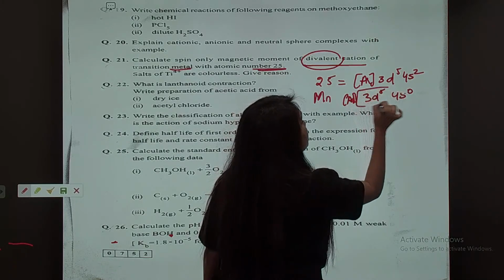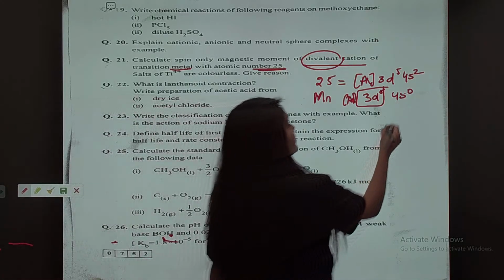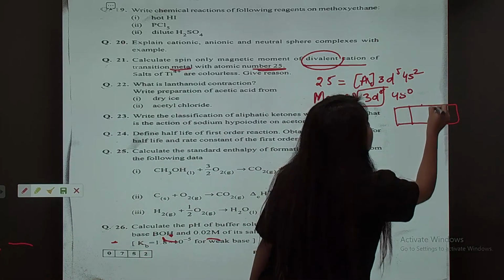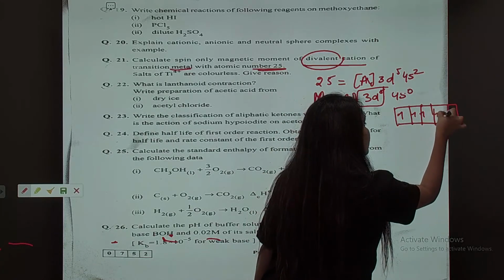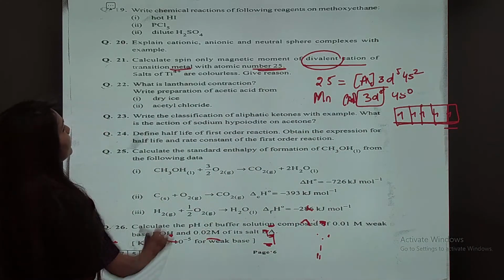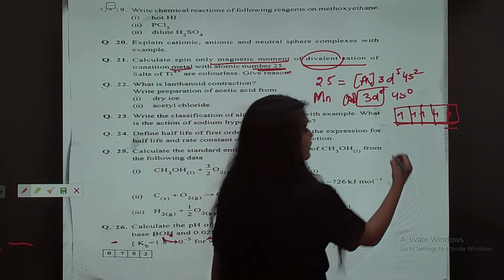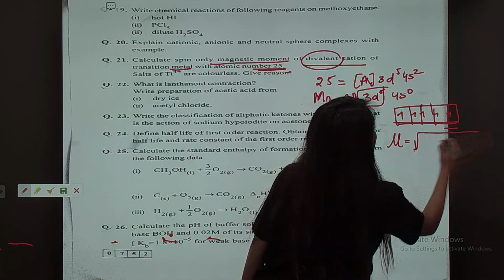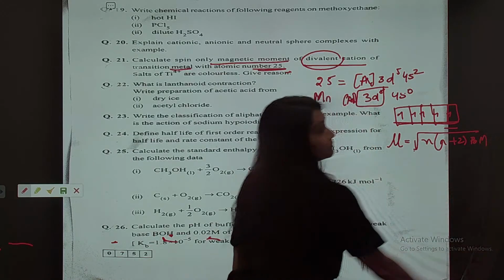Now let's focus on this 3d5. When you do the orbital representation, then here are the 5 orbitals of d, and let us start filling 5 electrons. 1, 2, 3, 4 and 5. There are 5 unpaired electrons, and if I have to calculate the magnetic moment, then the formula for this will be mu is equal to root of n(n+2), and the unit is BM.